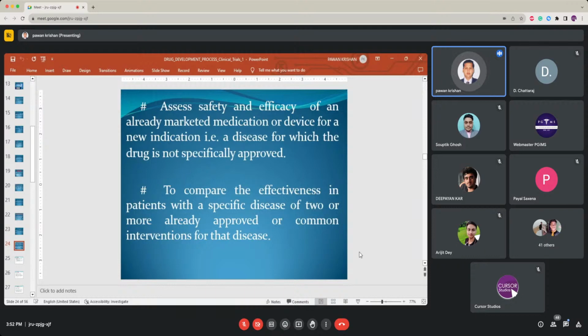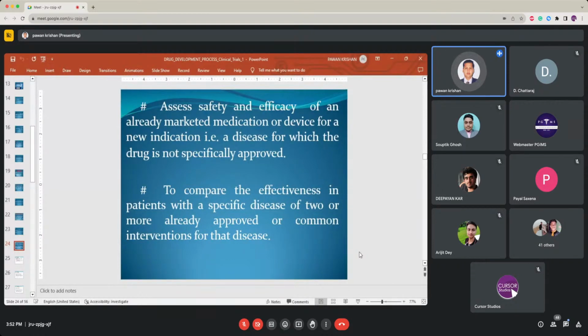Clinical trials are also conducted to assess the safety and efficacy of an already marketed medication or device for a new indication. Now this is the interesting part. Suppose there are many drugs already available in the market, and you come across a theory or hypothesis that drug X, Y, Z, whatever it is, may be beneficial in some other disease, other than the indication the drug is marketed for.